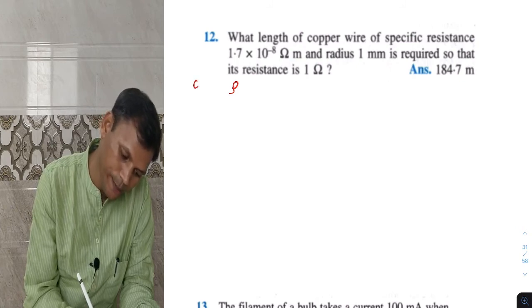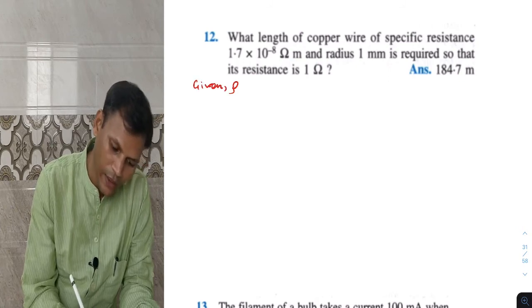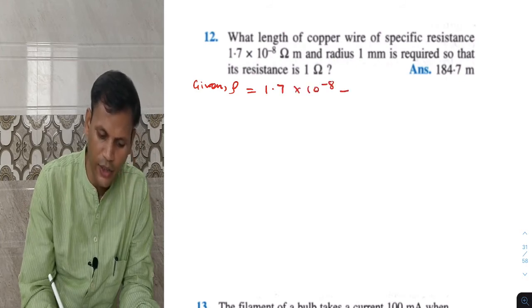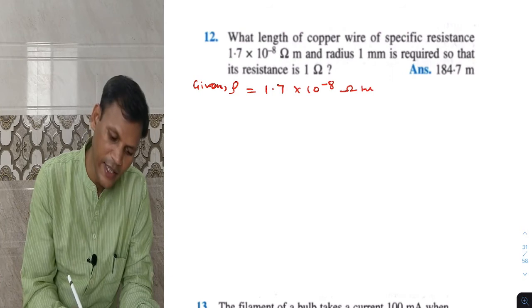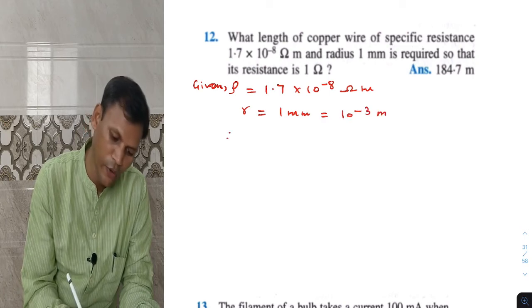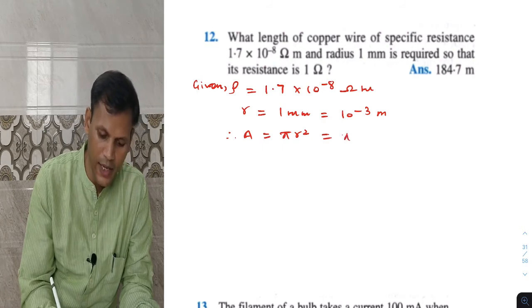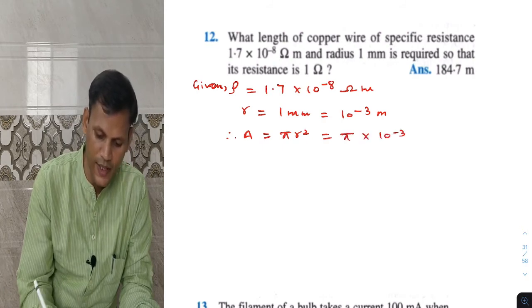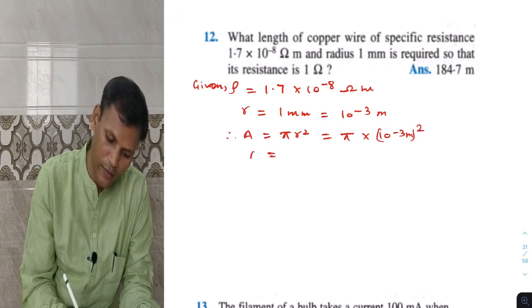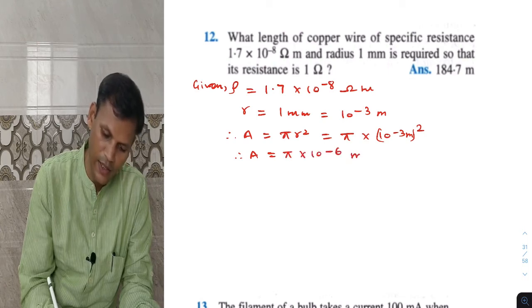Rho is equal to 1.7 into 10 raised to minus 8 ohm meter, and radius r is equal to 1 mm, which is 10 raised to minus 3 meter. Therefore area will be pi r square, which is pi into 10 raised to minus 6 meter square.